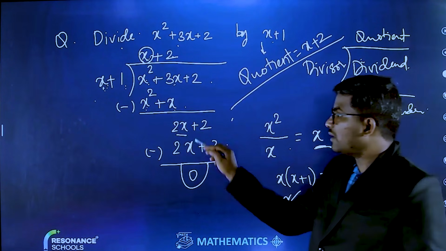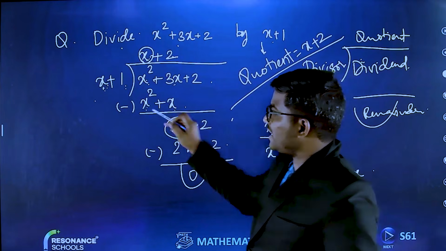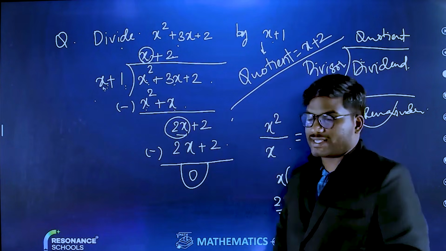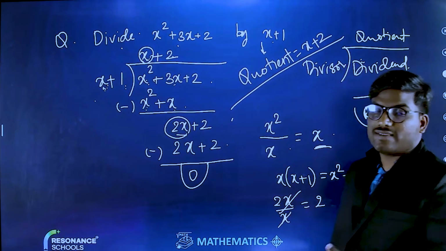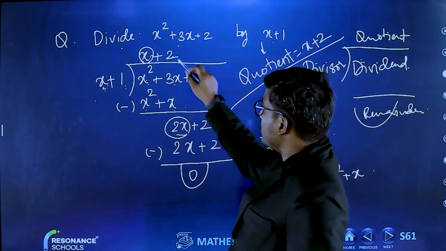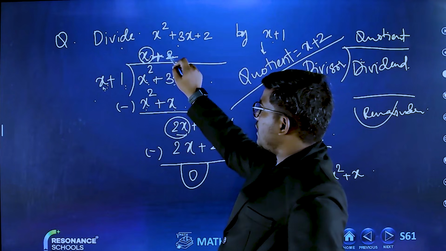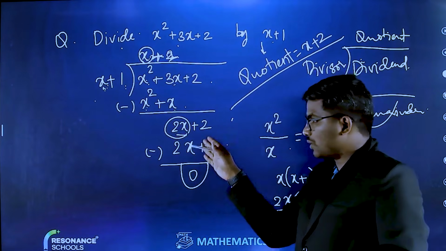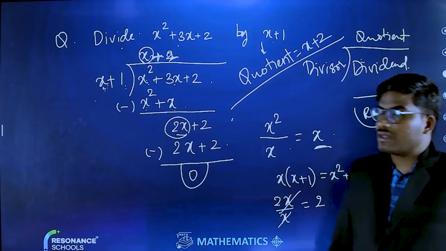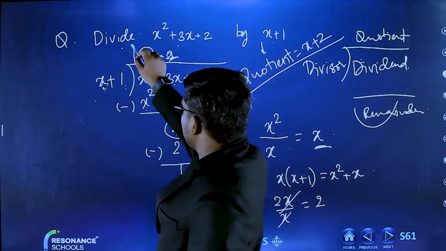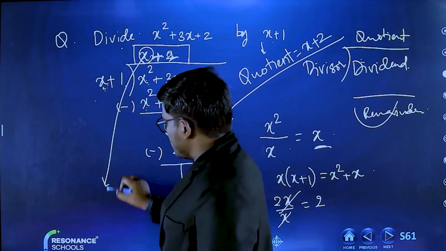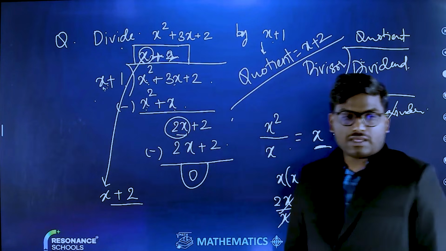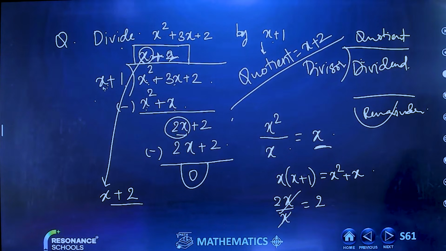Now again, we need to see what when multiplied with x plus 1, x gives 2x. So 2 into x gives 2x. So I'll write a plus 2 here, and 2 times x plus 1 is 2x plus 2. So the remainder became 0. So finally my quotient was x plus 2. I hope this is clear. You can note it down.